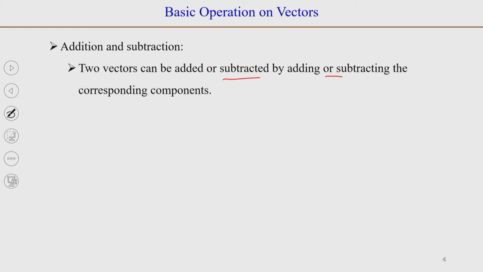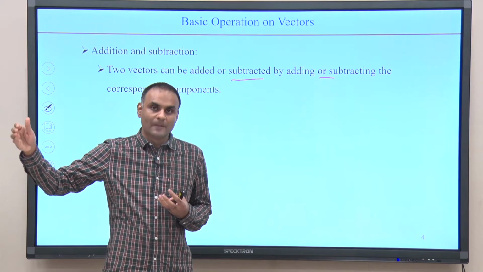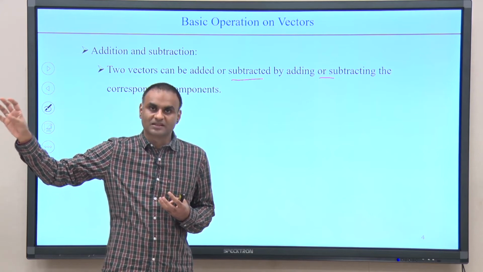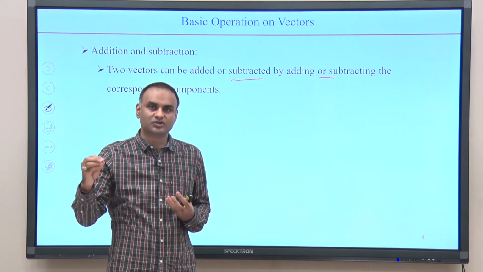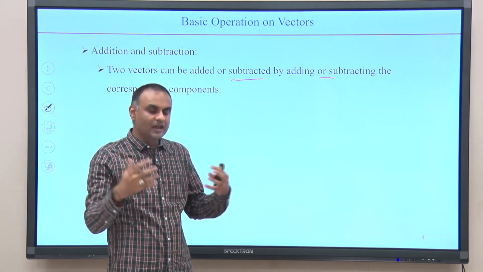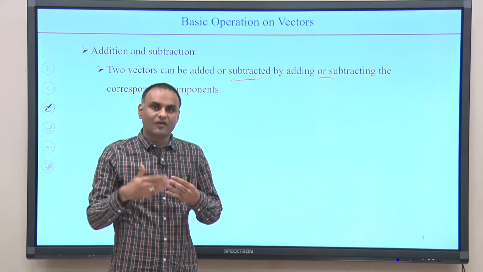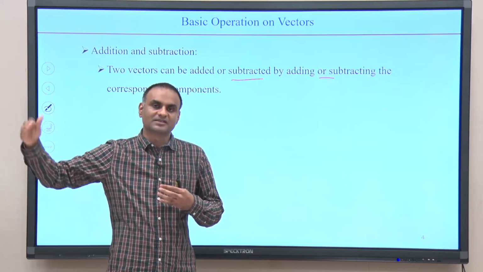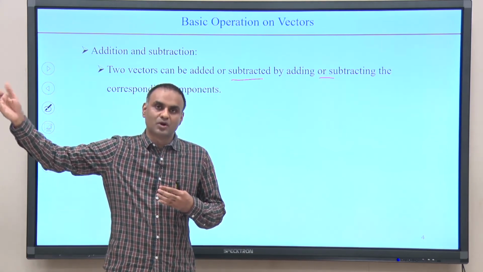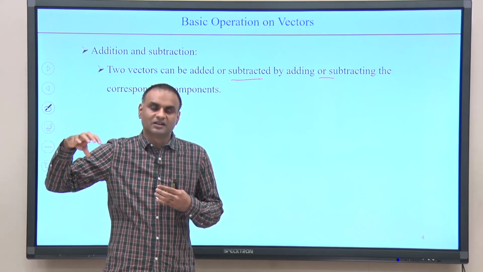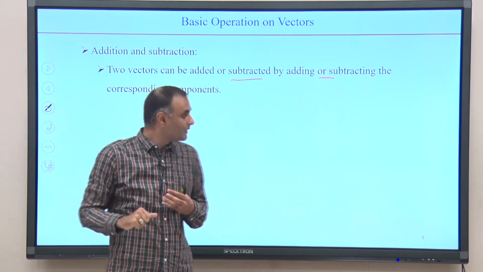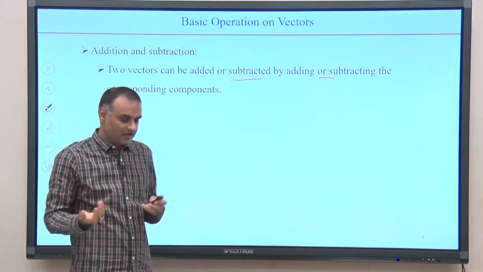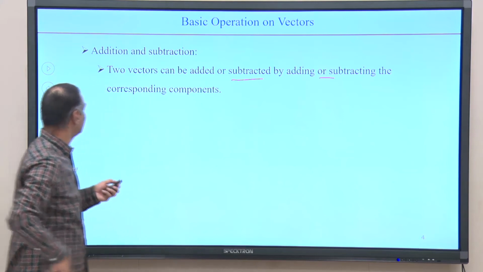So, if vector A is equal to a1 i plus a2 j plus a3 k, and vector B is equal to b1 i plus b2 j plus b3 k, then A plus B will be equal to (a1 plus b1) i plus (a2 plus b2) j, and the third component along the z direction will be a3 plus b3. Okay. Similarly, the same thing can be used for subtraction.